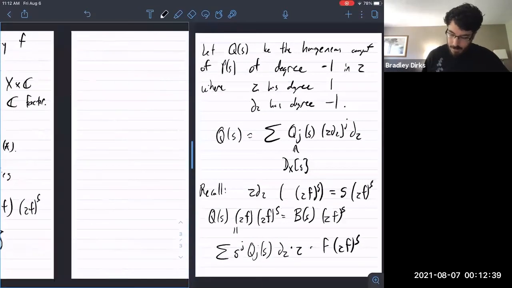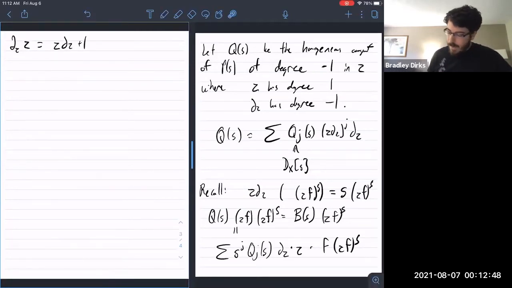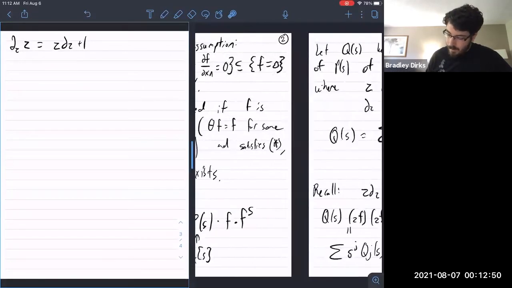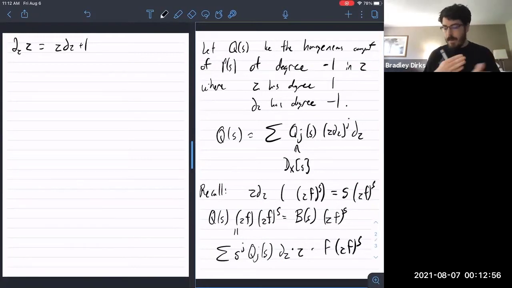And so on this left-hand side, the commutativity rule says this is equal to z dz plus 1. So in terms of acting on this symbol here, this is just an s plus 1. We can move it past the f because they're independent from each other.